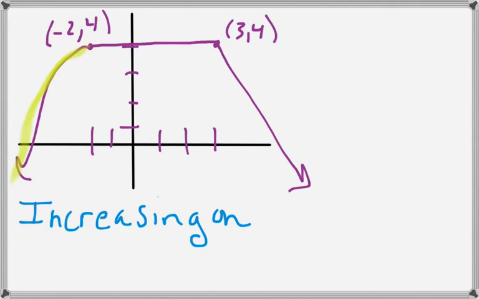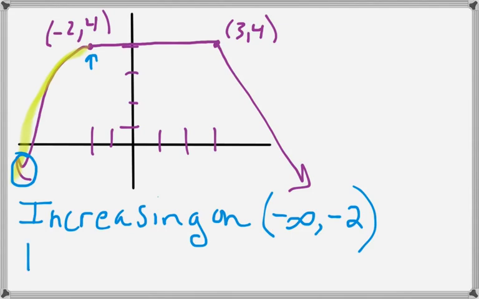So it's coming forever from the left because of this arrow here. So we're going to use negative infinity. And then at the right end, we're at this point with an x value of negative 2. So we would say that this function is increasing on the interval from negative infinity to negative 2. And again, we're using an open interval, which means parentheses here.